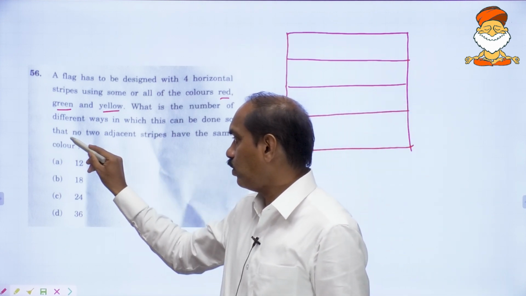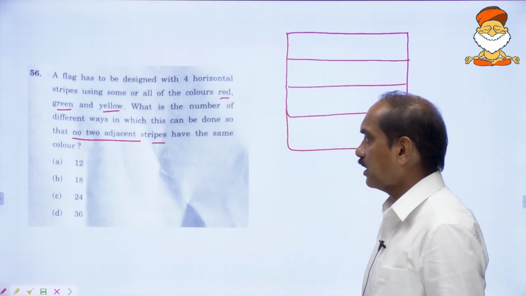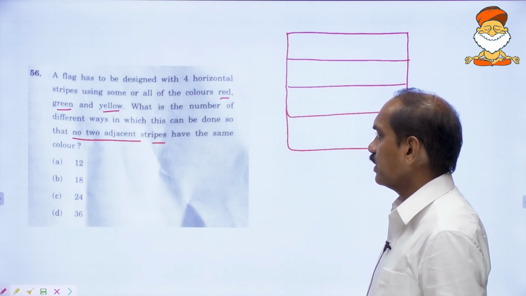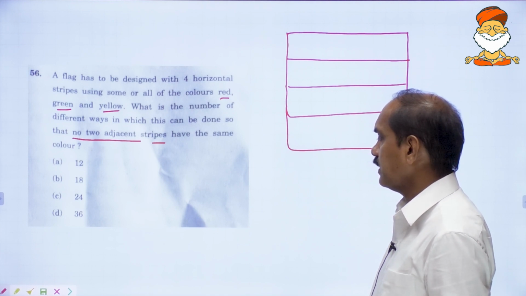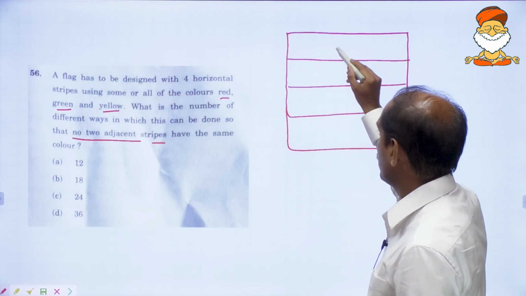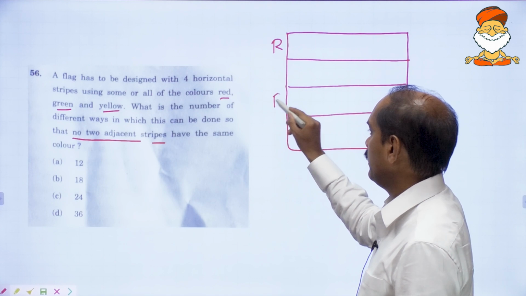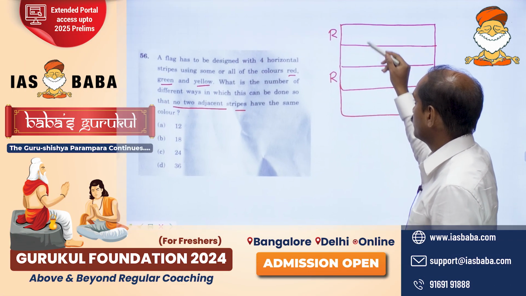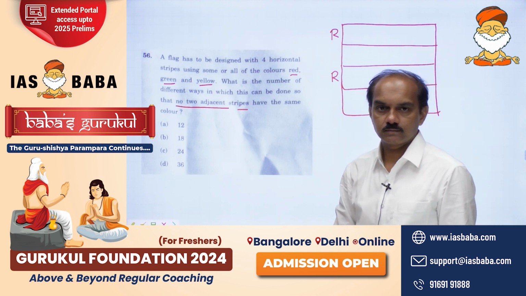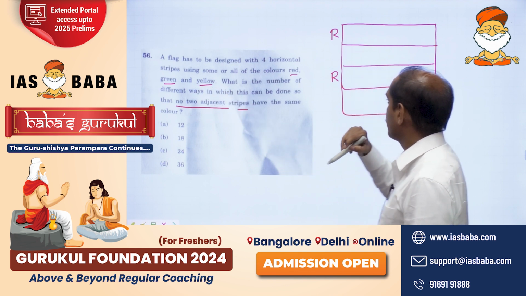There's one more condition. No 2 adjacent stripes have the same color. Keeping this in mind, you must design. See here, if I put red here and red here, assuming I have put red in these 2, then what happens? Now you are left with green and yellow.